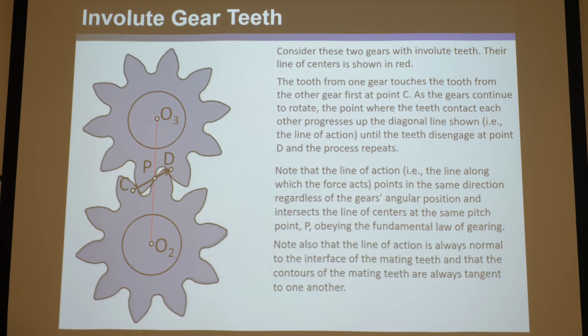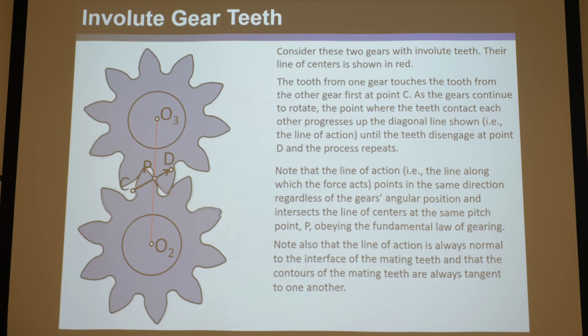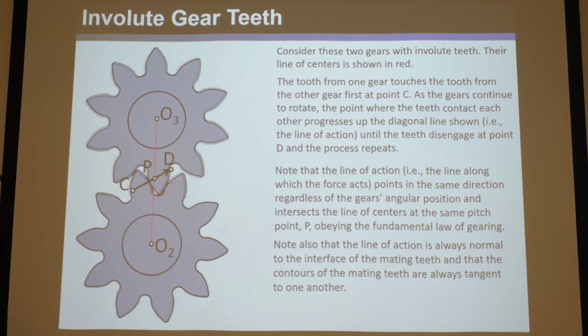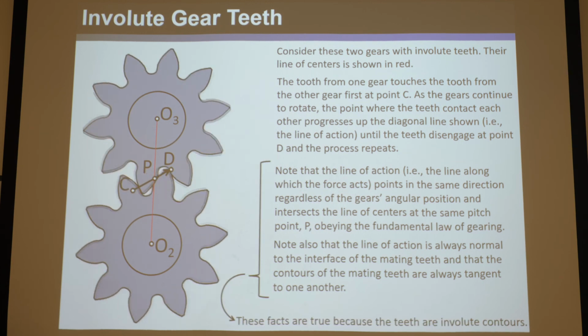Okay, note also that the line of action is always normal to the interface of the mating teeth, and that the contours of the mating teeth are always tangent to one another. These two are true because they're involute.